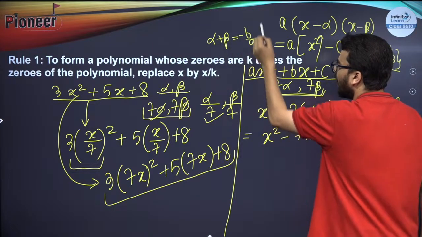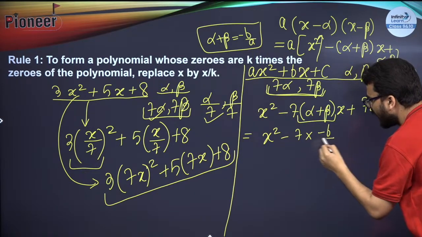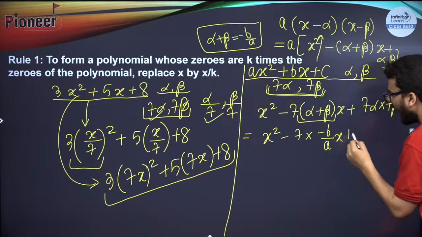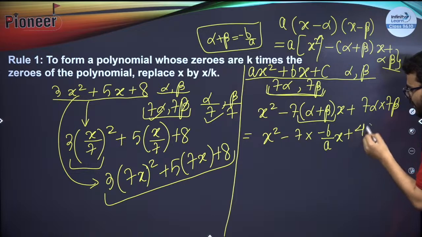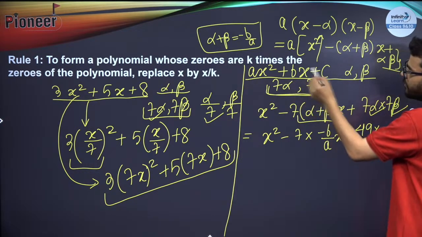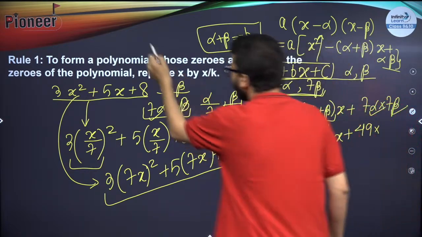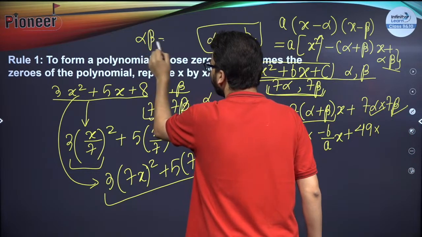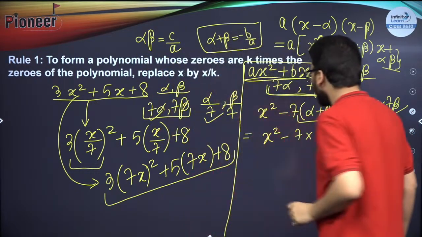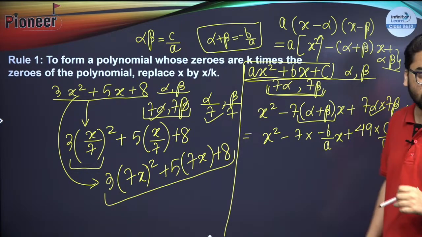Tell me, guys. So I can put minus b by a. And over here, this is 49, and alpha beta from the original polynomial, can I put alpha beta is equal to c by a? You have studied this thing. This I can put c by a over here. So this is c by a. You got that logic over here or not, guys?